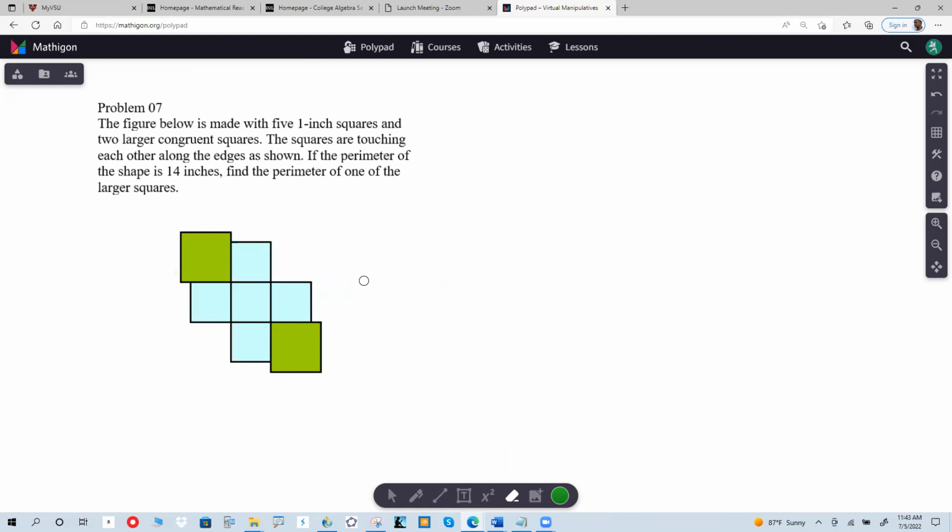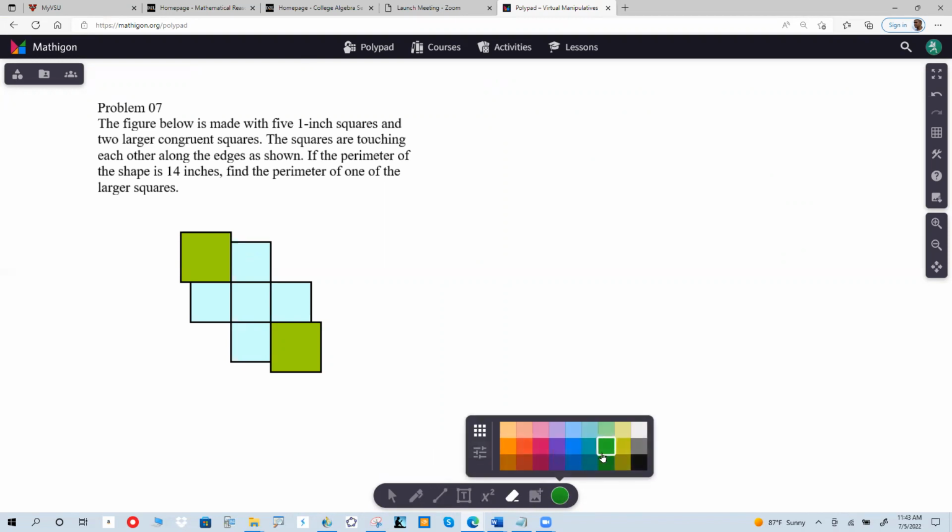Fine, that's 14. Find the perimeter of one of the larger squares. Okay. Now, what I have to understand is that this edge is the same as this edge. Okay. So some of these problems are similar, but then they are not. There are some differences.